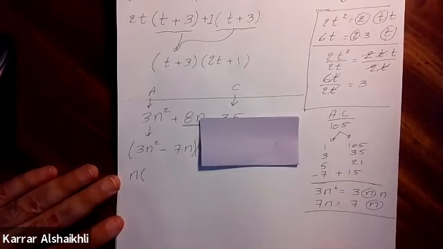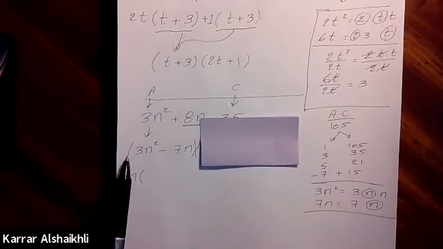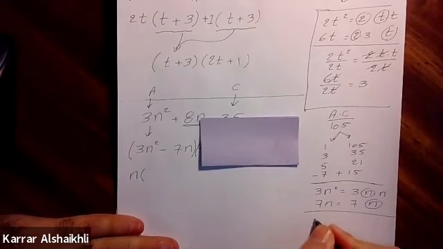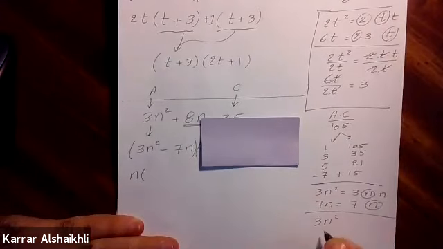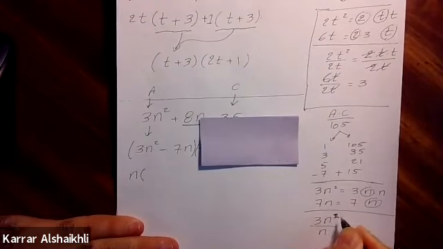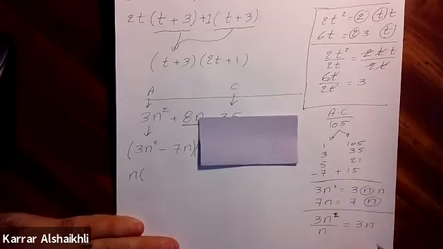Now let's divide. Tell me, if I divide 3n squared by n, how much is the result? Do it here also on the side. 3n squared divided by n. How much is the result? 3n, perfect. Why?